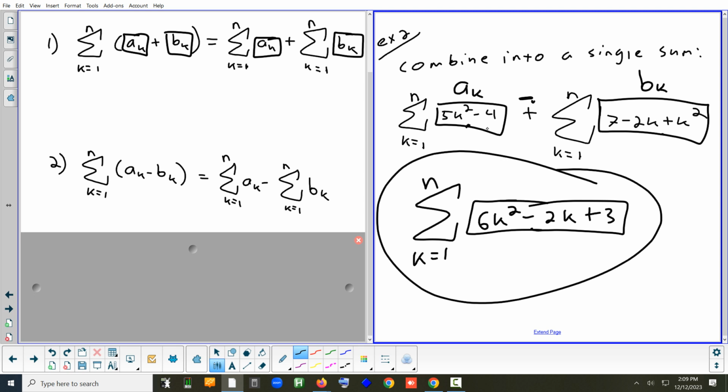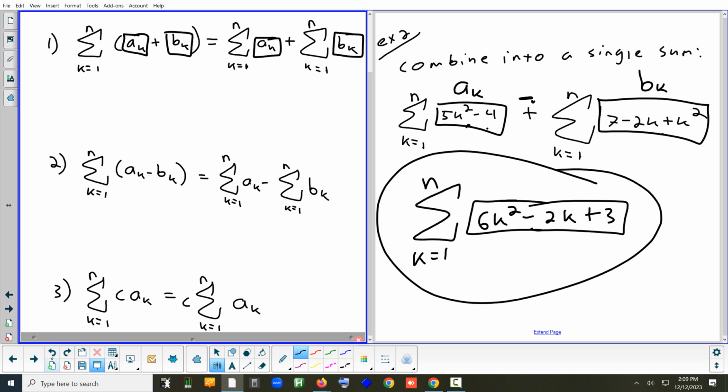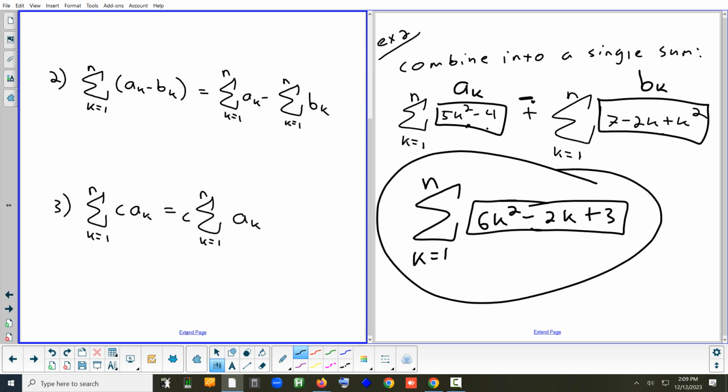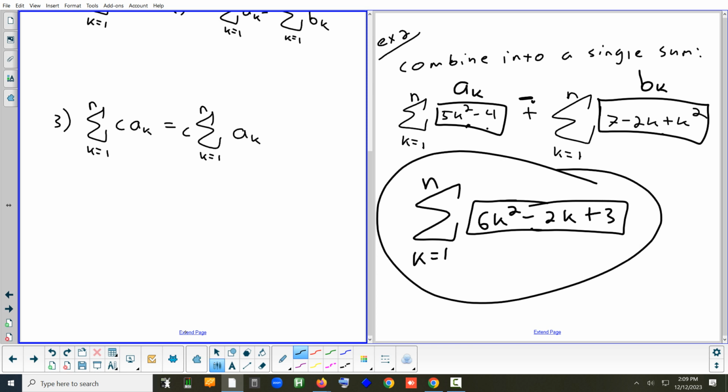Okay, so that's our second rule for combining together. And this is our third rule. And maybe I'll show you this one with an example. Let's say we have a simple sequence: 2, 4, 6, 8.